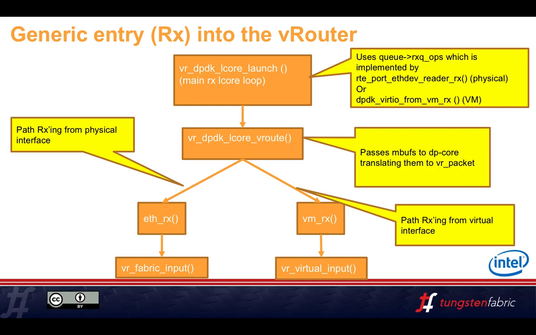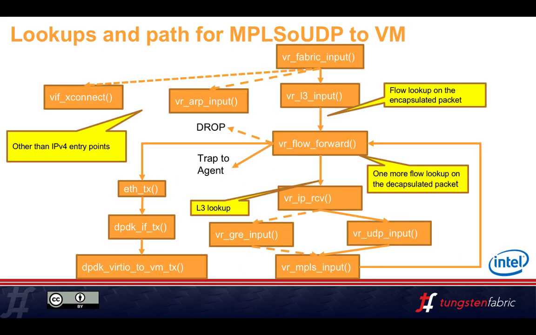Then the path is again splitting, depending on what interface we're coming from. We have the ETHRX or VMRX, which take us to the fabric input or the virtual input. So at this point, there is an inspection inside the packet, so we know what type of packet is the first set of headers.